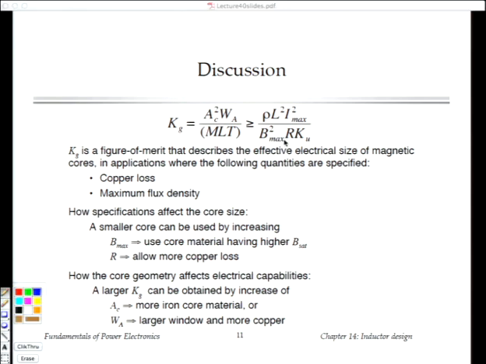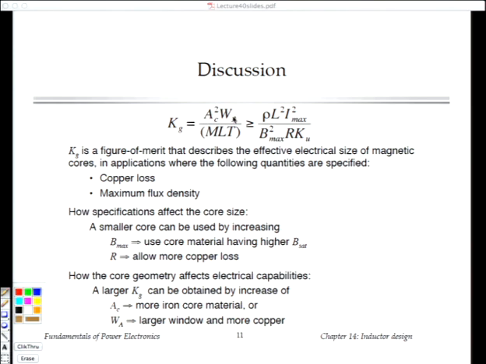A little discussion of this. First of all, this Kg number you can think of as a figure of merit that says how effectively large a core is. And there's more than one way to choose a geometry to get a certain K sub G. For example, you could make the core area AC smaller, and make the window area bigger.